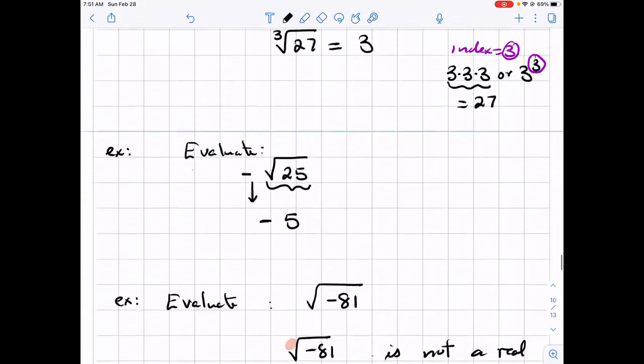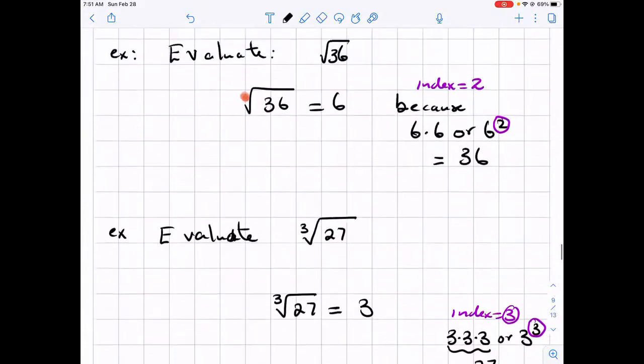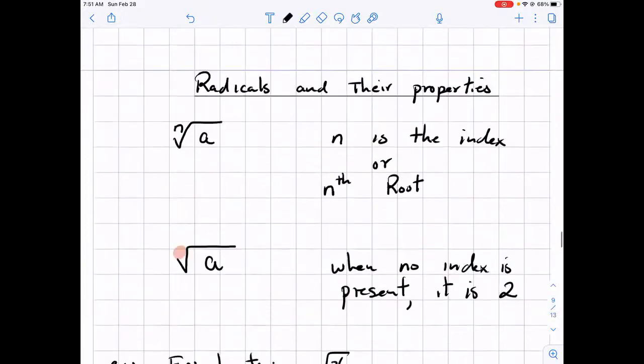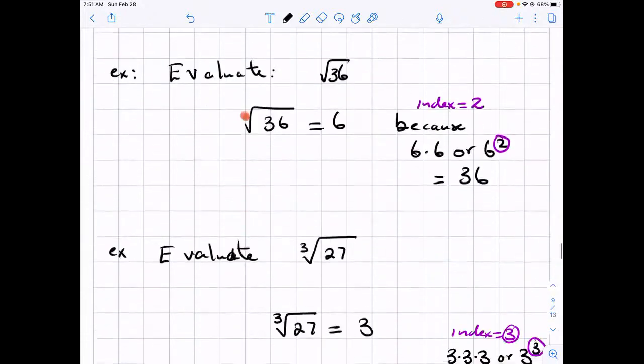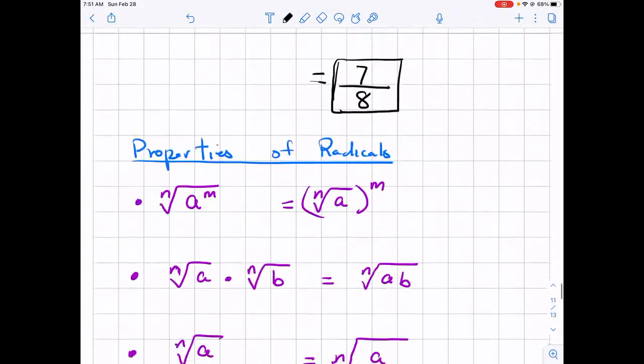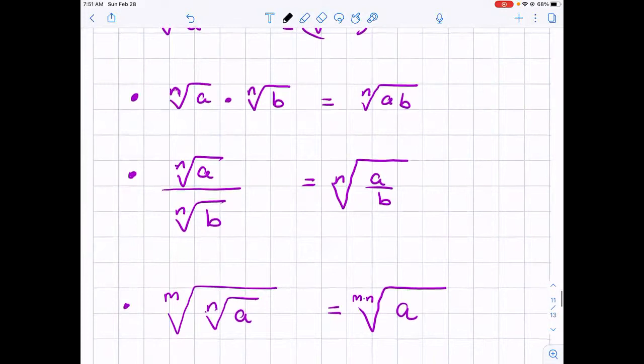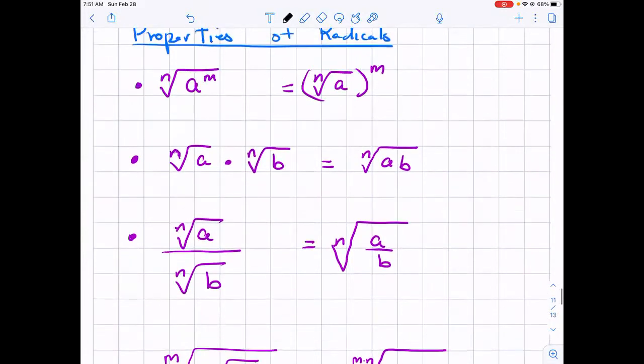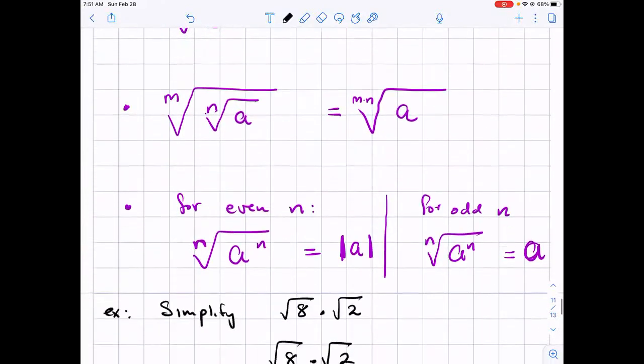Over here. If there's no index, it equals 2. Maybe I should put that as a property, just so that you remember. I thought I wrote it down as one of the properties, but I didn't.